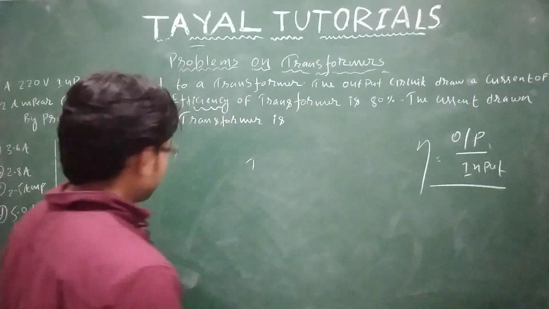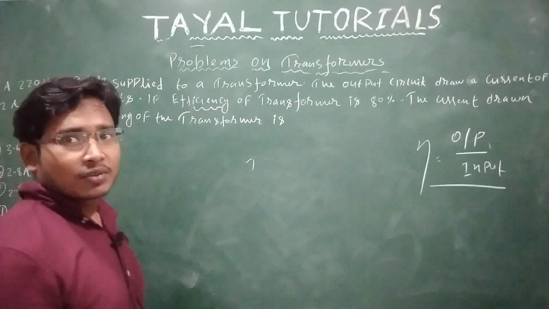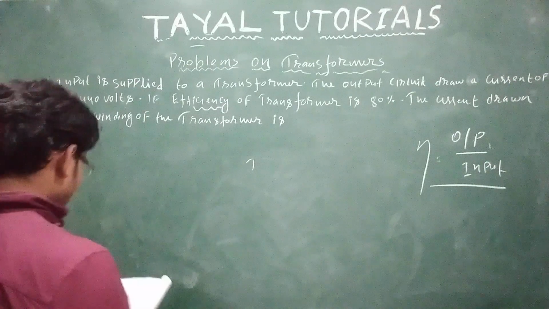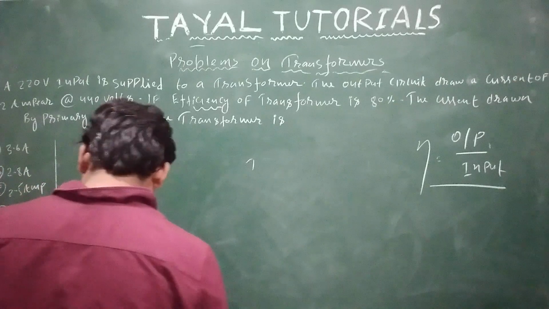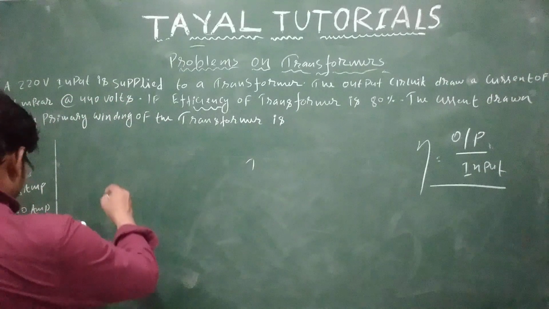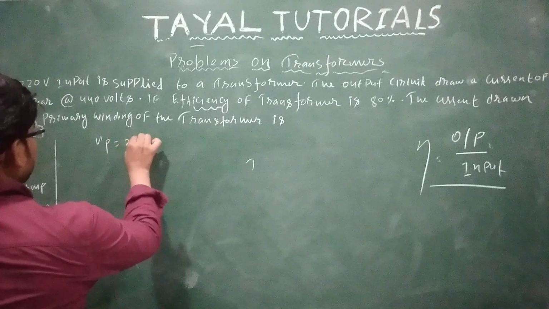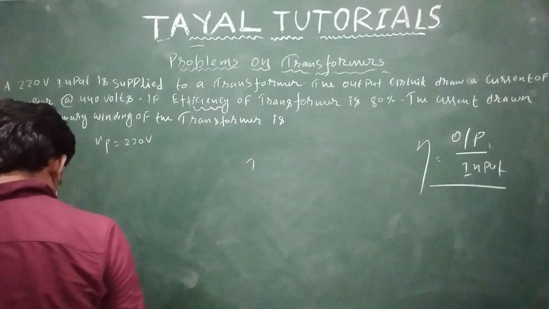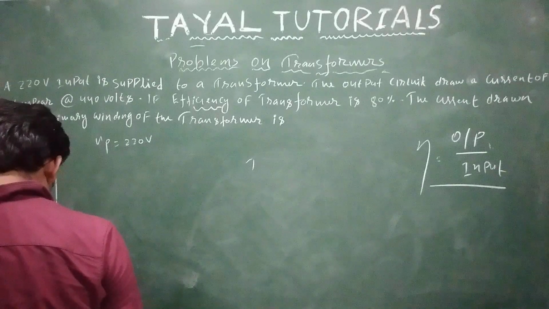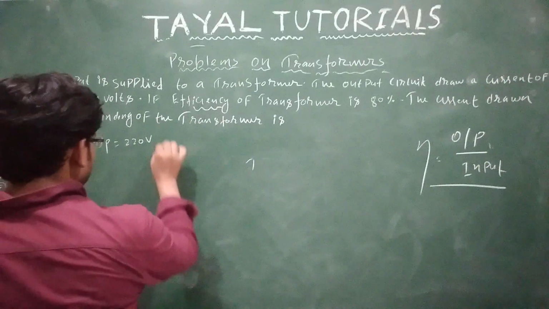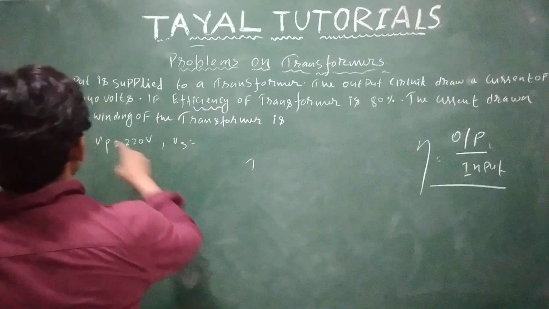First of all, let us mention what data they have given. Primary voltage Vp they have given 220 volt, and Vs, the secondary voltage, meaning output voltage, they have given 440.